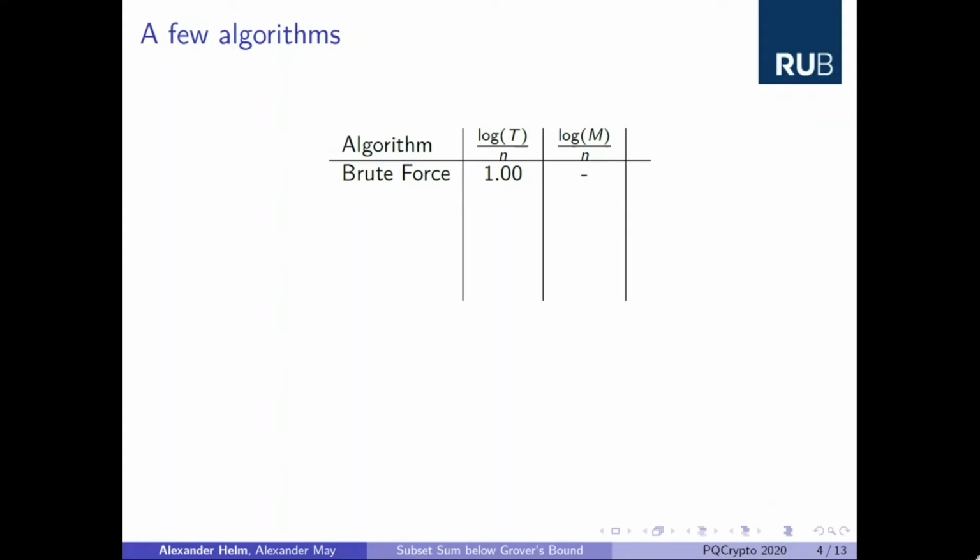Let us now have a brief look over a collection of algorithms which solve the subset sum problem. In the table, we can see the exponent of the runtime complexity and the exponent of the memory complexity for each algorithm. First, we have the brute force approach with asymptotic runtime complexity 2^n, which needs only some polynomial amount of memory.